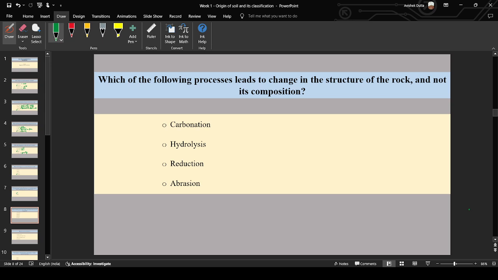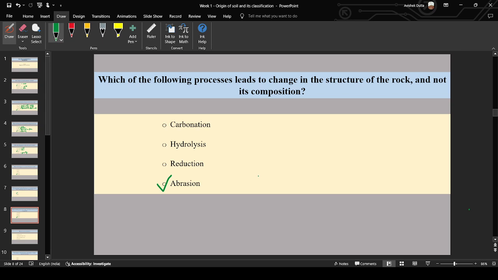So in this case, the answer to this question is abrasion. Abrasion is scratching action on the rock surface, which might change the structure of the rock. Now, what are the other options? Carbonation, addition of carbon dioxide in the form of solution. Hydrolysis is breaking down of any compound by the action of water.